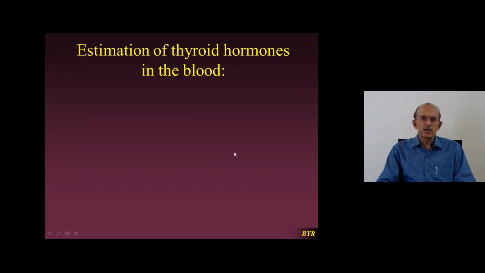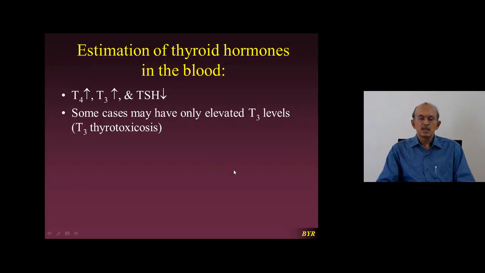The first investigation we have to do is the estimation of thyroid hormones. In case of thyrotoxicosis, the T4 and T3 are elevated and TSH is suppressed. Some patients will have only elevated T3 levels, then it is called T3 thyrotoxicosis.